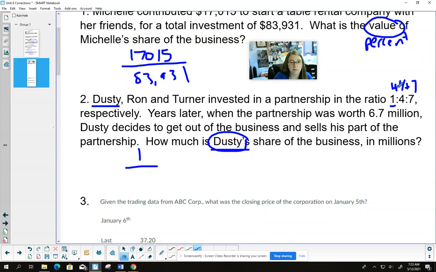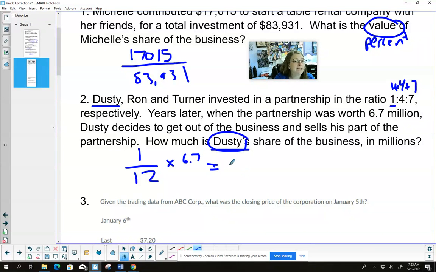That was your first step when we have this ratio, making it a fraction. So 1 plus 4 plus 7 is 12. So Dusty's fraction should have been 1/12 of whatever this is, 6.7 in this case. So again, that's going to vary. I think that changed. And then that's your answer.